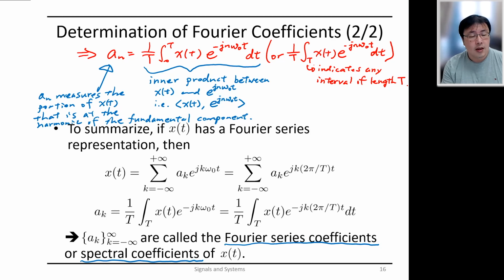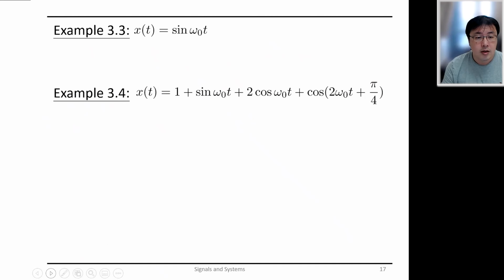Now, in some cases, it is pretty obvious by observation what these linear combining coefficients are. If it is already obvious from the expression, then you do not necessarily have to apply this formula here. So, a couple of examples of these obvious cases.